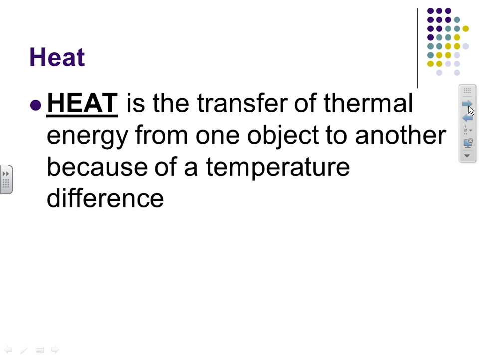Hopefully that definition sounds similar to another concept that we talked about earlier, the transfer of energy. We gave that a name way back when we first started talking about this concept.